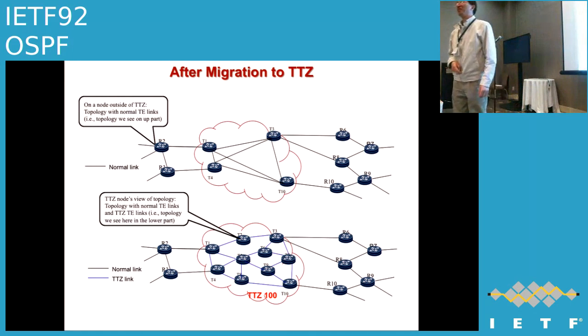Yeah, so. Can I respond? Well, I'm responding, actually. As an AD still, the bits and bytes and the protocol stuff, I think, is fine to have wherever the chairs decide, and that sounds like OSPF. I am worried about the architectural piece of this, the traffic engineering architectural piece.